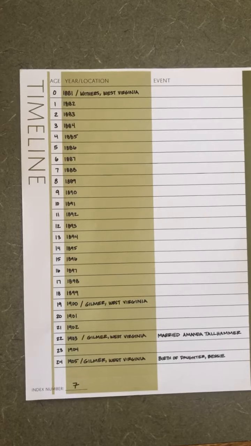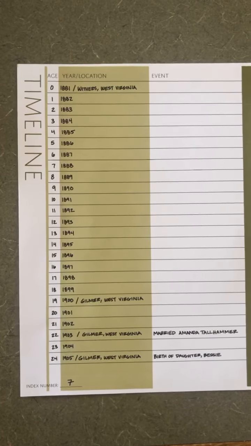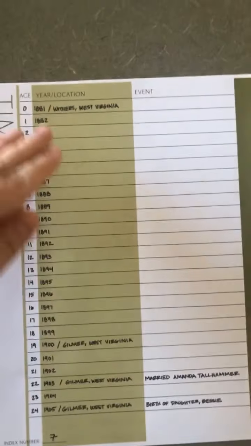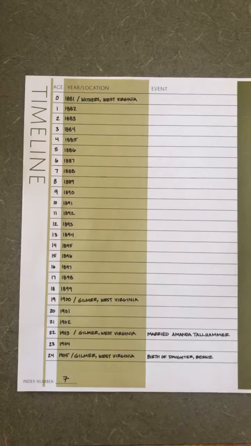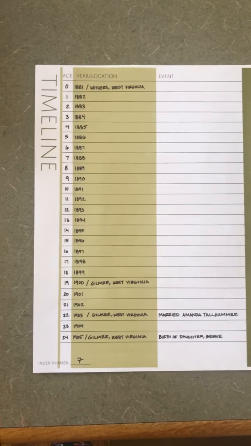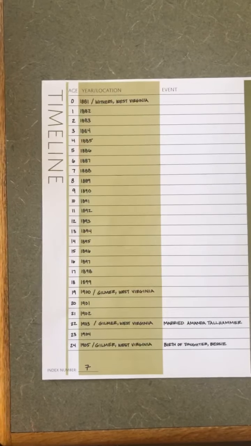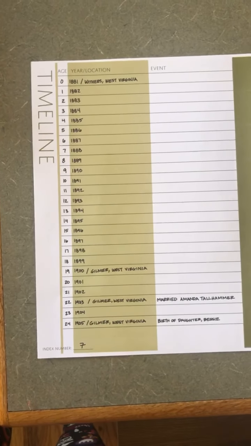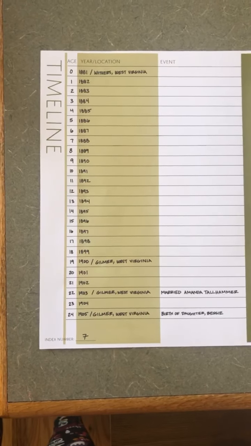You might have somebody who has multiple events in the same year, and you also might not want to have these blank spaces on the timeline if not a lot was happening in the first however many years of that person's life. I like to do it this way because it helps me visualize where everything was happening in this person's life in sort of an even manner, but that's a preference thing.